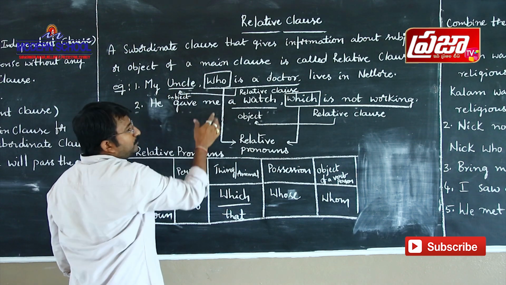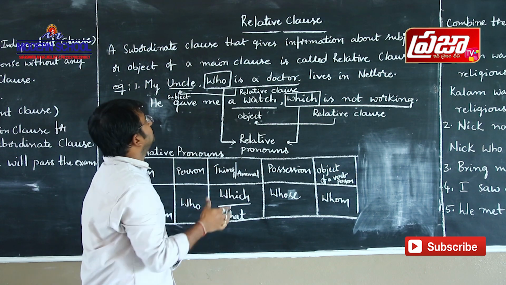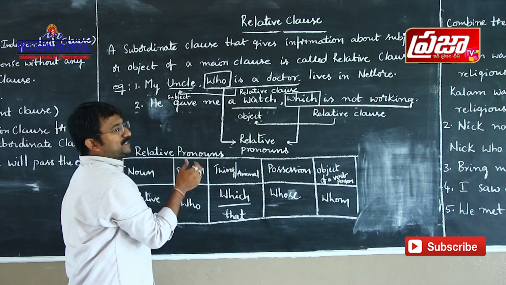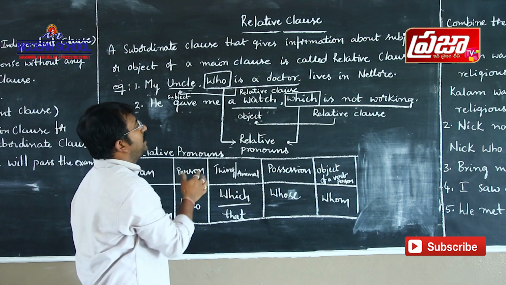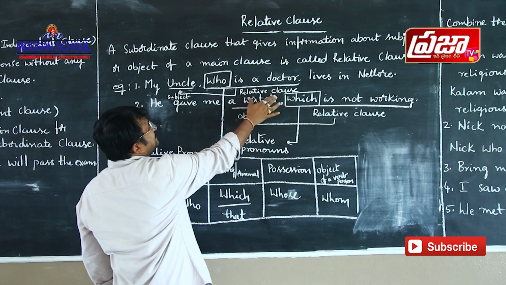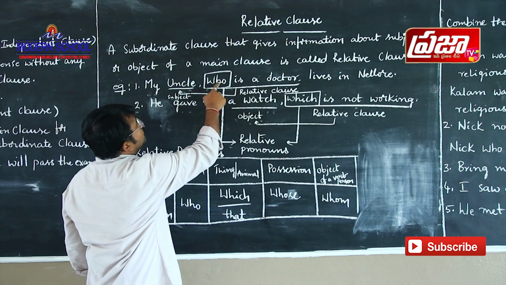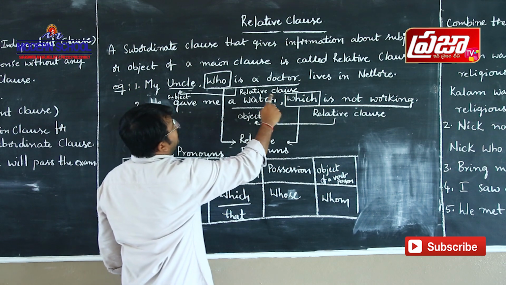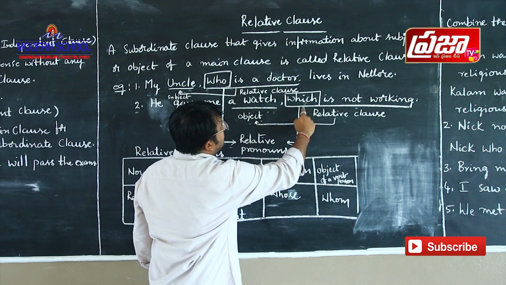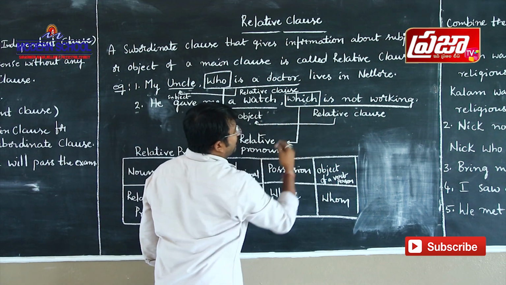So, if you go to the basics, a word that is used in the place of a noun or a noun phrase is called a pronoun. And here this pronoun is used in the relative clause. We call this pronoun a relative pronoun. See, which is a relative pronoun in this relative clause.